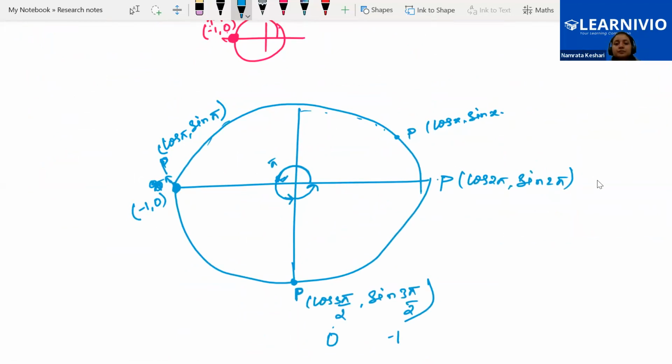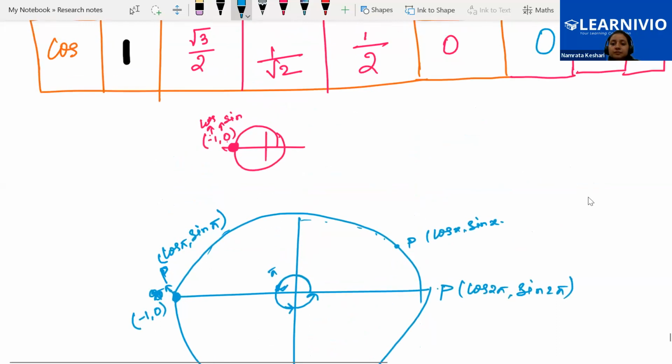This is the x-axis. The coordinate is 1, comma 0, on the unit circle. Cos 2 pi is 1, sine 2 pi is 0. Getting it?